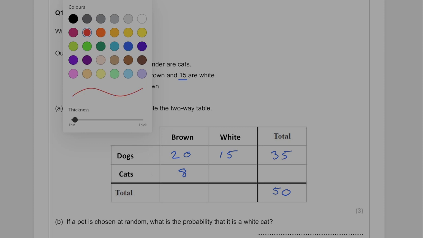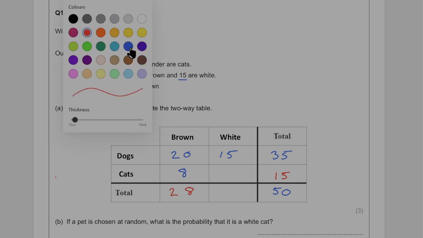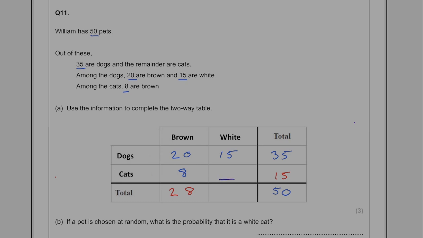So my second stage is just one-step calculations using these blue numbers. So I can say 50 minus 35 would give me 15. And I can also do this total for brown animals as 28. And then my third stage is where I need to use the blue and the red numbers to calculate the other number. So the first one I'll do is this one.